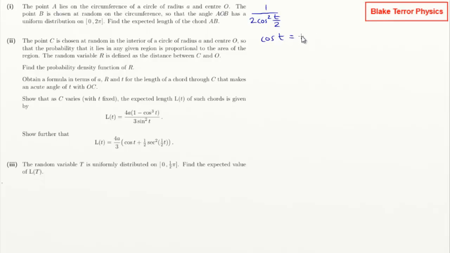If I was doing my double angle on that, that's going to be cos squared t over 2 minus sine squared t over 2, which is going to be 2 cos squared t over 2 minus 1. So 2 cos squared t over 2 is cos t plus 1. So that thing is identical to 1 over 1 plus cos t. Right, so I've certainly got that.